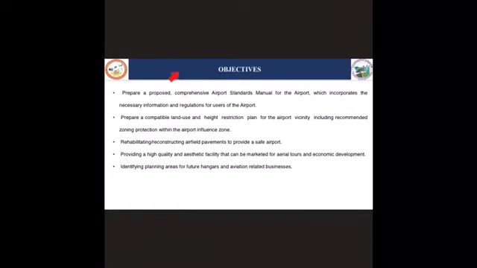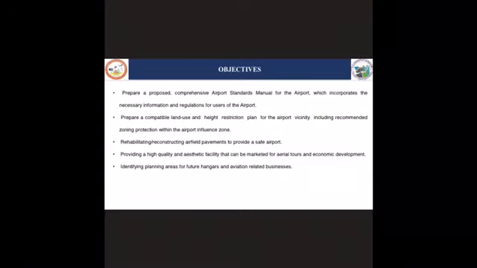The objectives of airport planning include preparing a proposed comprehensive airport standard manual for the airport, which incorporates the necessary information and regulations for the users of the airport.